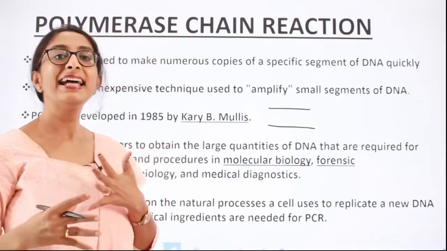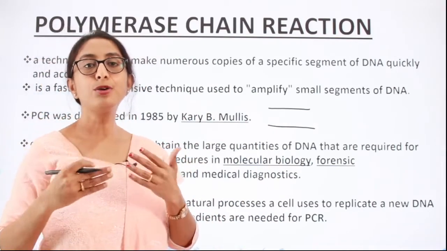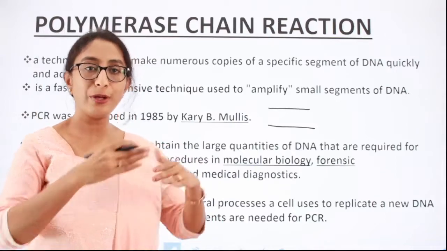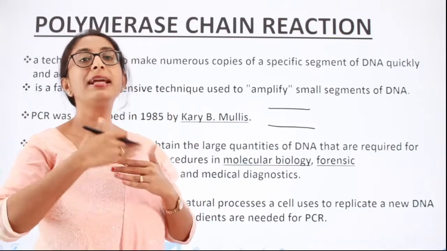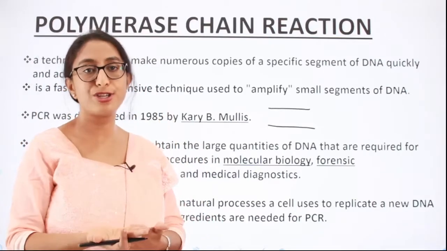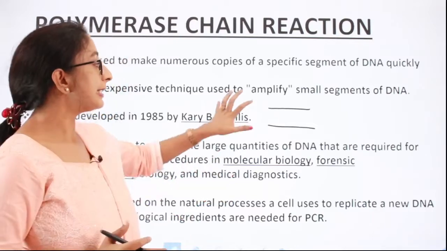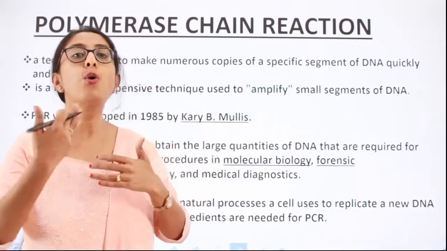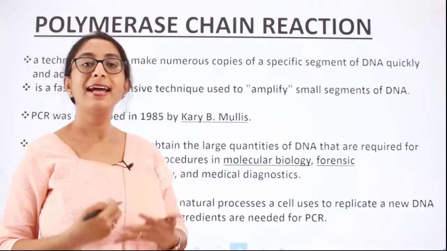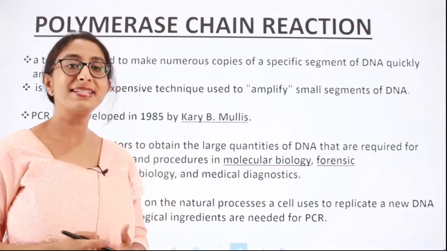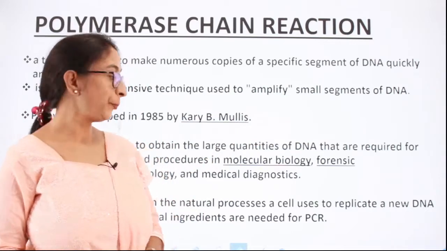Just understand that DNA replication is similar to making a photocopy. When you have one page, you can make a similar copy using a Xerox machine, isn't it? Similarly, the cell makes copies of its own DNA. That is called DNA replication and it happens in a semi-conservative mode.